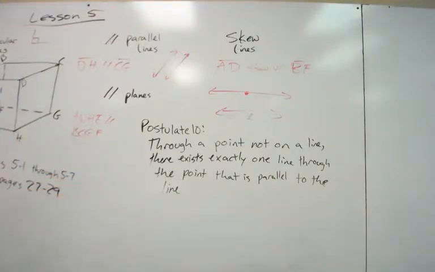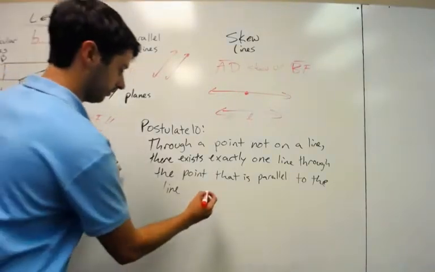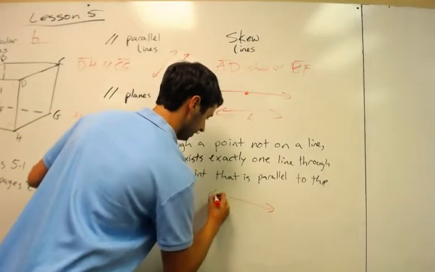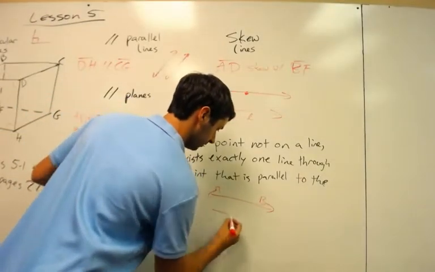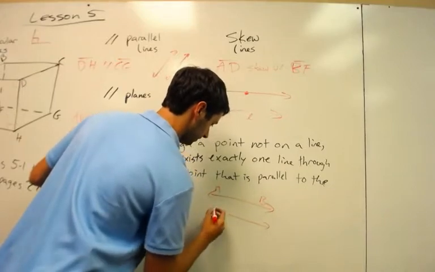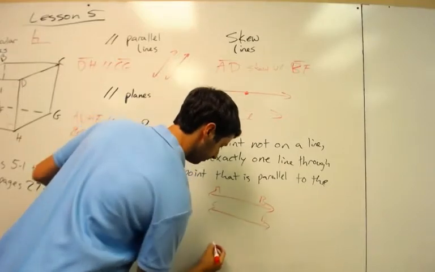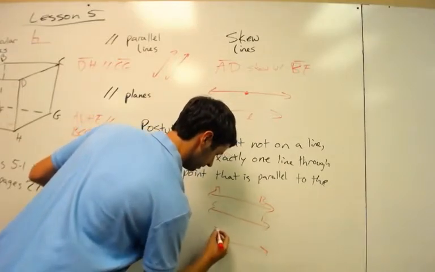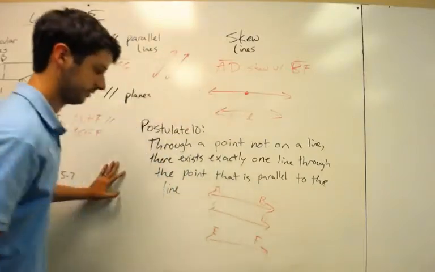I will say theorem 5-7, transitive property of parallel lines. Transitive property we've covered before. But that just states if two lines are parallel to the same line, then they're parallel to each other. So right here, we have AB, we have CD, and we have EF.